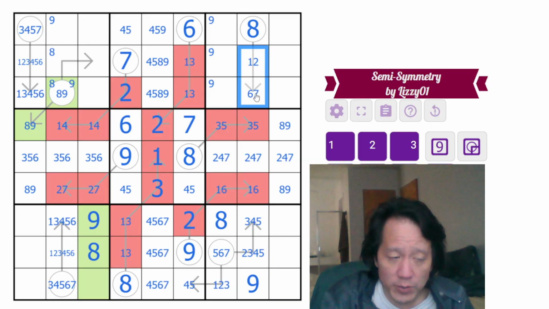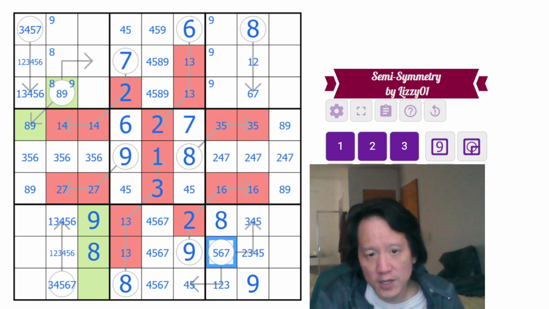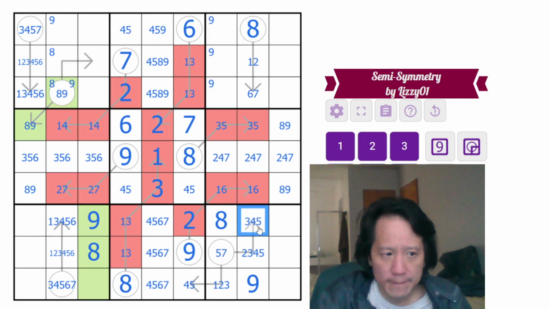But then this would have to be 1, 7. So this cannot be 2 and 4. So therefore, this can't be 6. This still could be 2 and 3. So it's either 2, 3, and this becomes 5. We have 1, 7, and this is 4. It could be 2, 5, in which case... So it's 2, 3, 2, 5, or 3, 4.